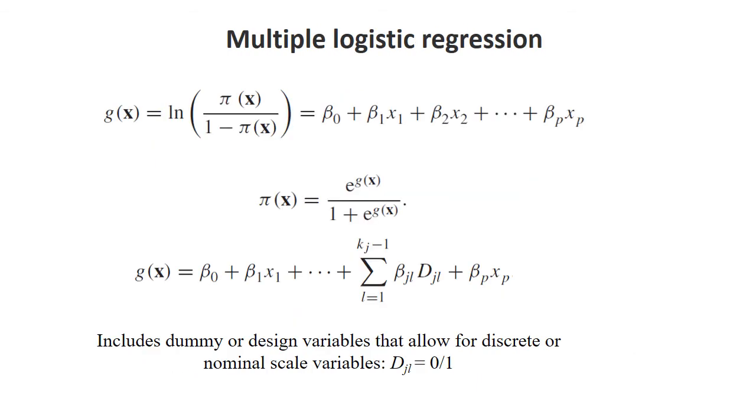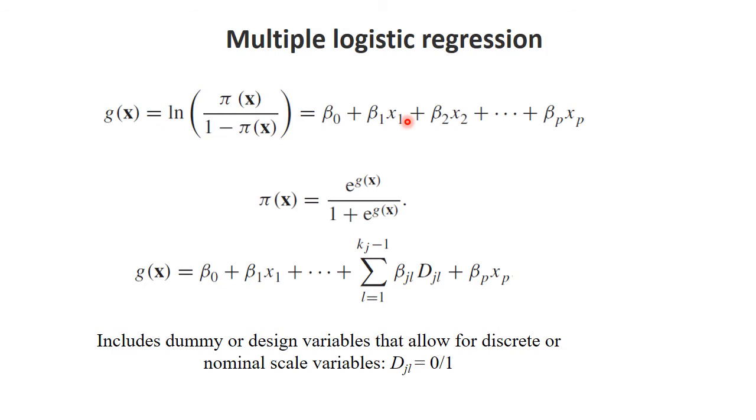So the extension to multiple logistic regression is also quite straightforward. Instead of having a simple model as before, we now have multiple variables up to xp in our regression function. Here x is assumed to be some kind of variable that has a scale. It could be 1, 2, 3, 4, 5. It could be continuous, but in many cases, of course, we have to deal with variables that don't have any scale. Race would be a good example of that.